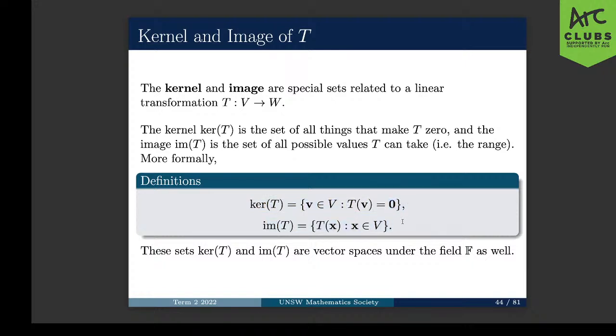The image of T is the set of all T of x for every x in the domain V. It turns out that the kernel and the image are also vector spaces under the field F as well. The kernel is a subspace of V, and the image is a subspace of W.